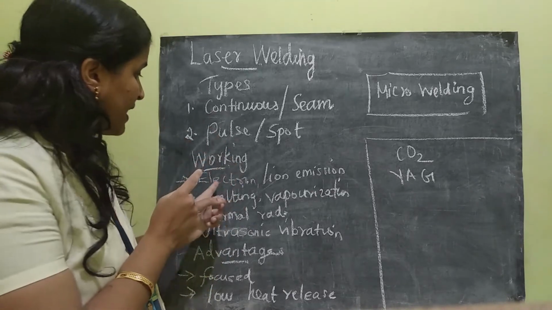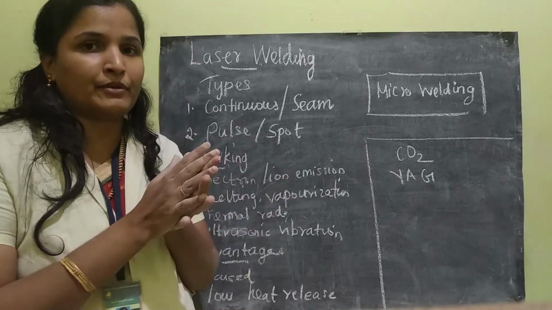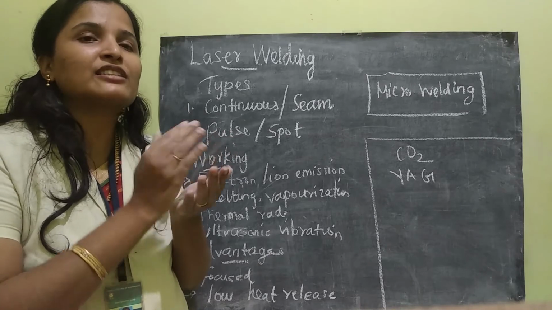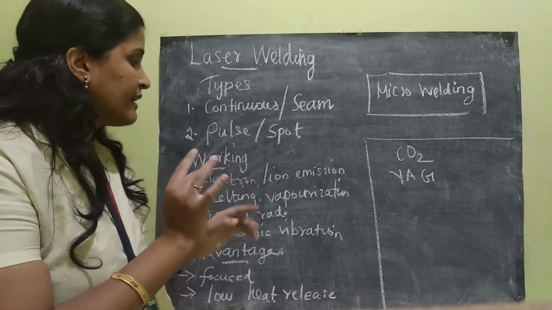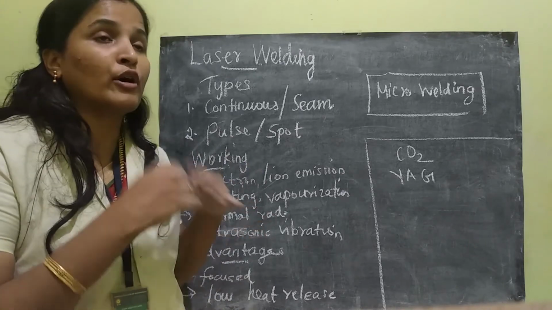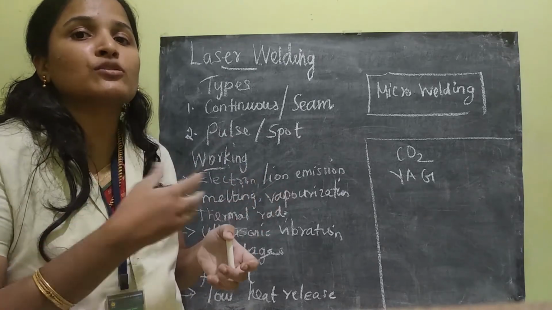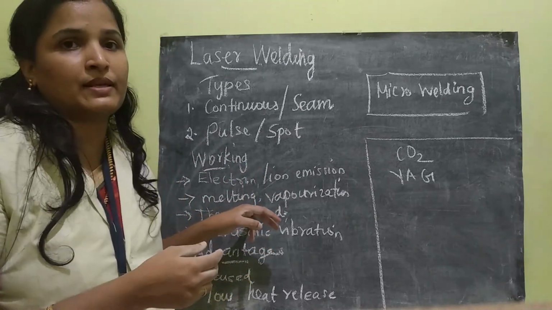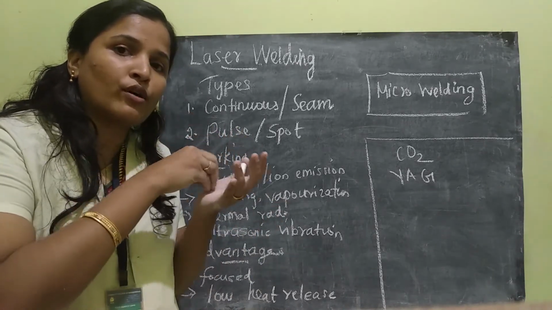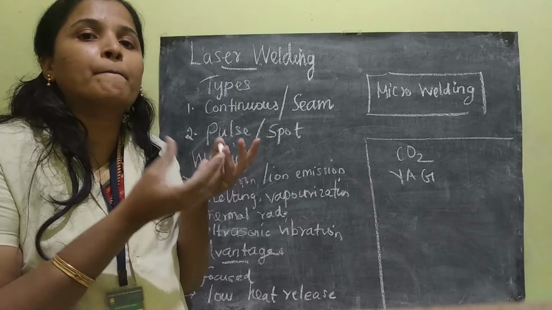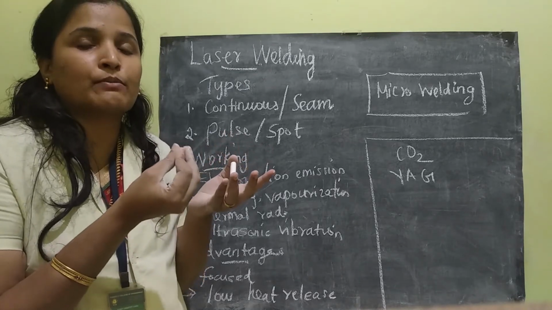Because of that, some heating happens in the material, and because of that heating, it starts to melt. So the targeted area, the laser beam focused area, will be melted and will be in a molten state.